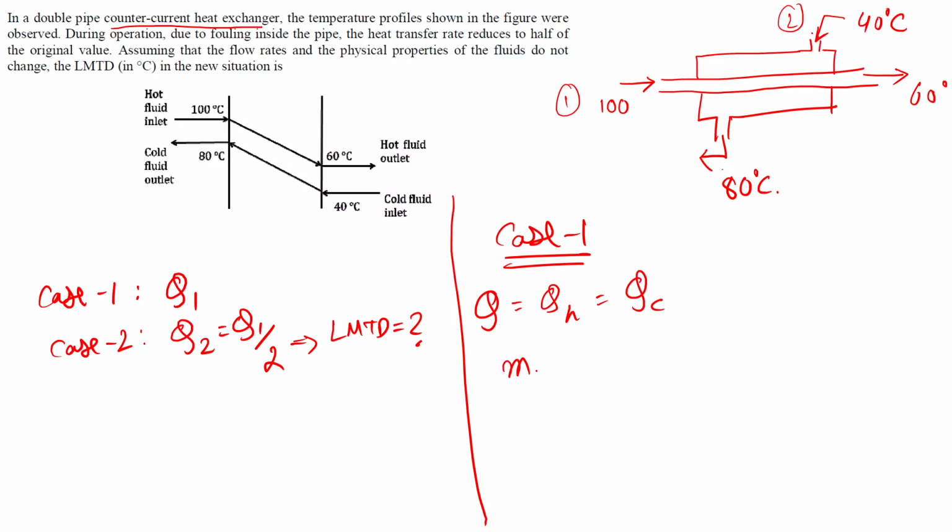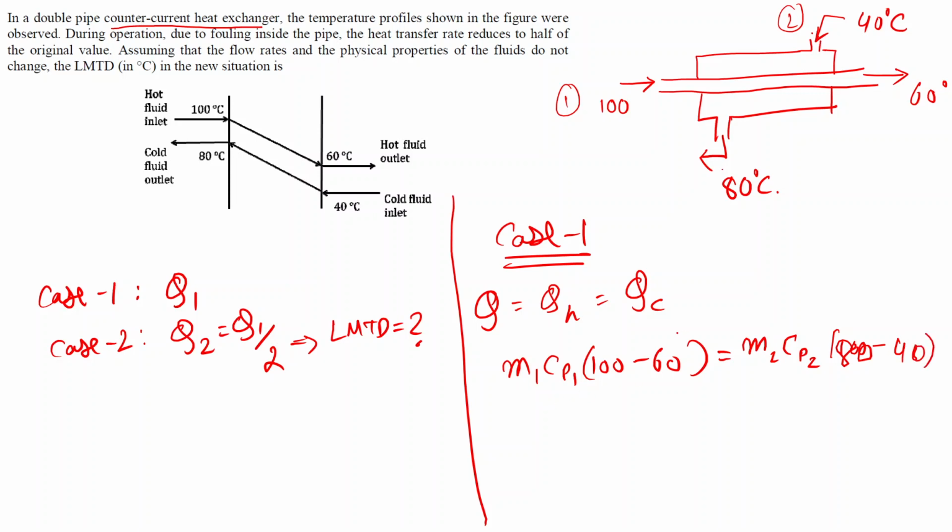So it will be M1 Cp1 into delta T, and delta T in this case will be 100 minus 60, and for the cold fluid, denoted by 2, it will become M2 Cp2 into 80 minus 40.